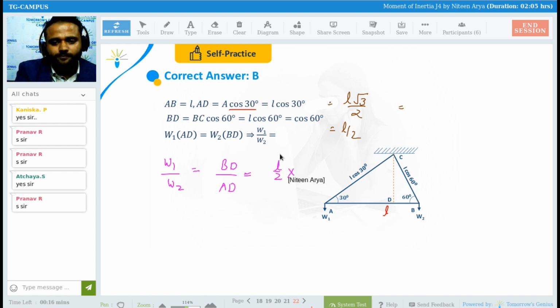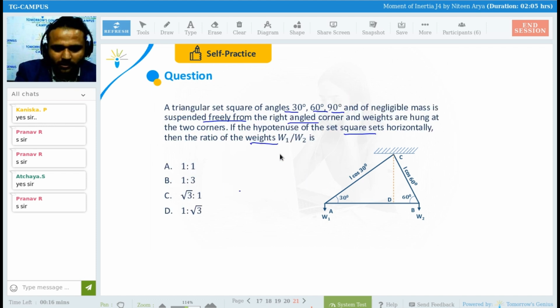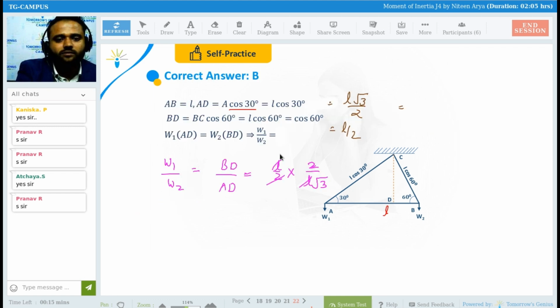If I do the reverse, then L cancels, this cancels. So the correct answer is not B, it is D, 1 by root 3. Clear everyone?